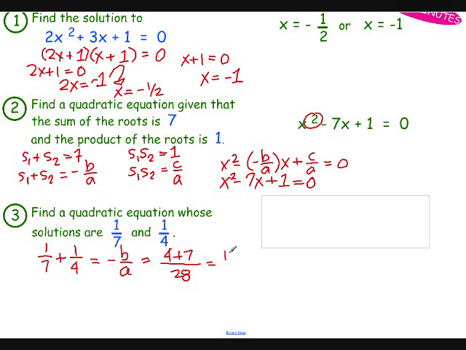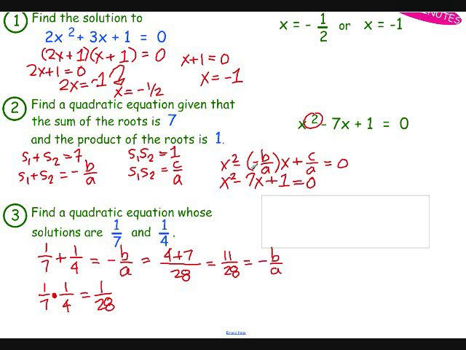So I get 11 over 28 is equal to negative b over a. And then the two solutions multiplied together will be 1 over 28.